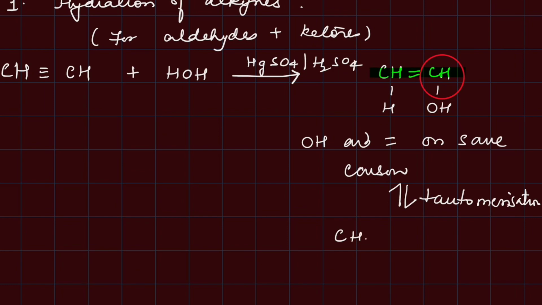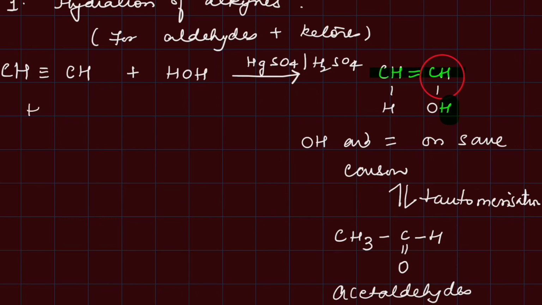Instead of CH2, now we will have CH3, and here we will have a double bond O. The H which I am highlighting in green in a circle gets transferred to the vicinal carbon and you get carbonyls. So here you get acetaldehyde.